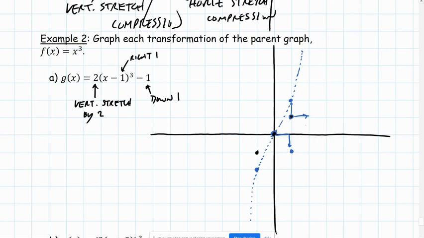This point, right 1, down 1 goes to there. Sorry, that should be this point, right 1 and down 1, transforming the blue points, not the black ones. And this point, right 1 and down 1 is here, and so now our curve looks like this.